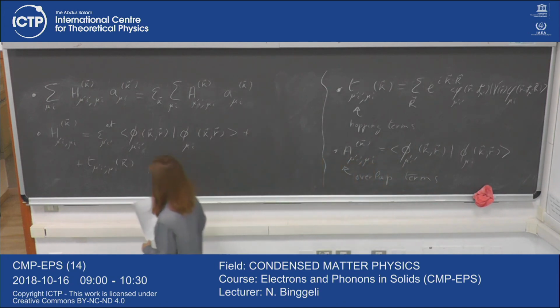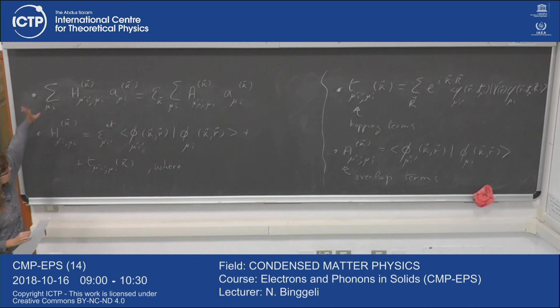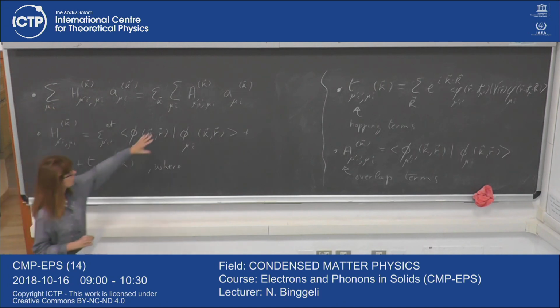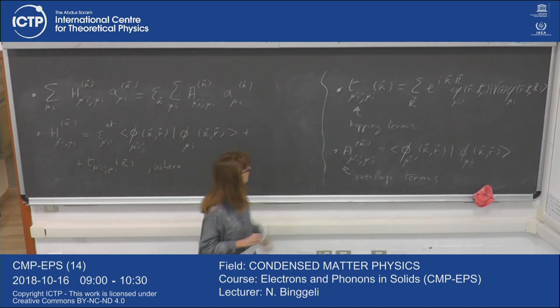So I have this eigenvalue, eigenvector matrix equation to solve, and the matrix elements for H and for A are given here.